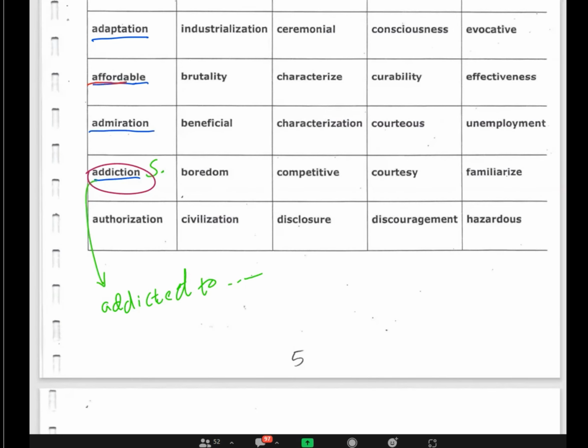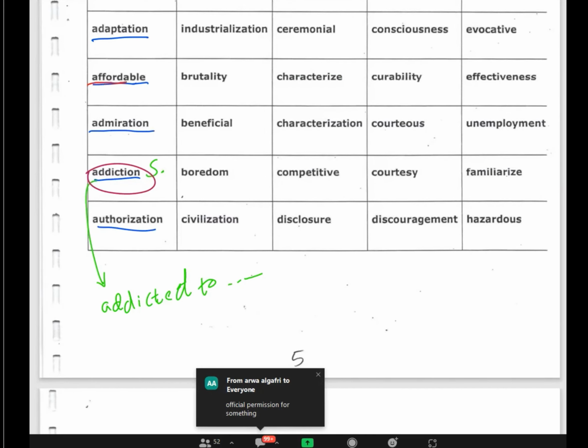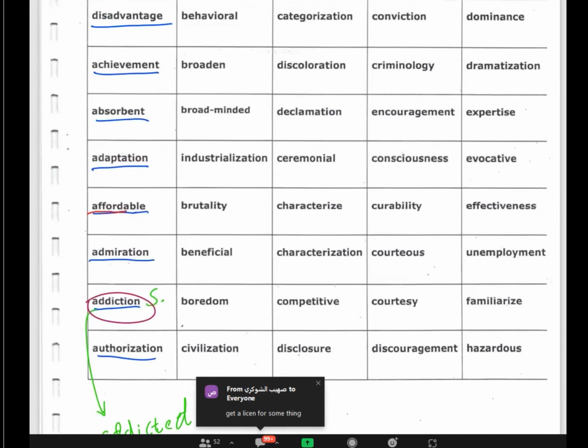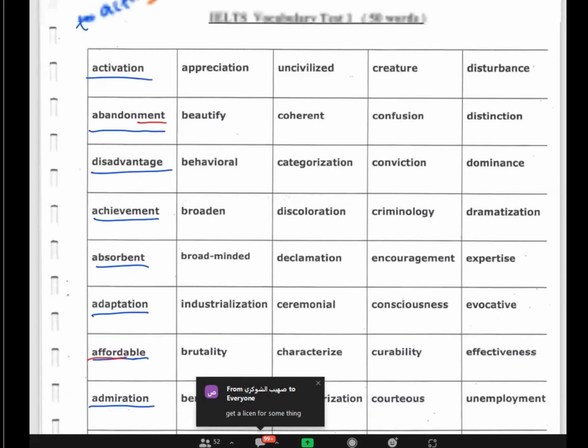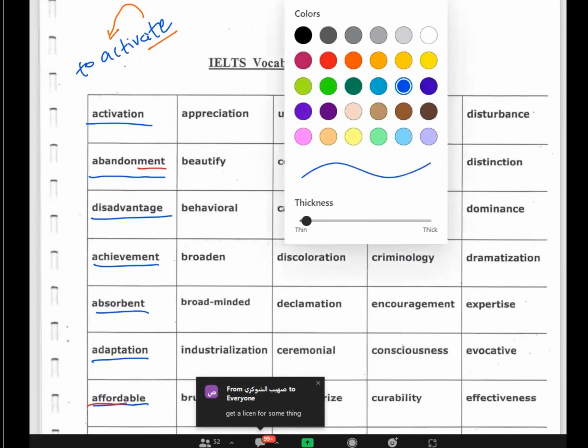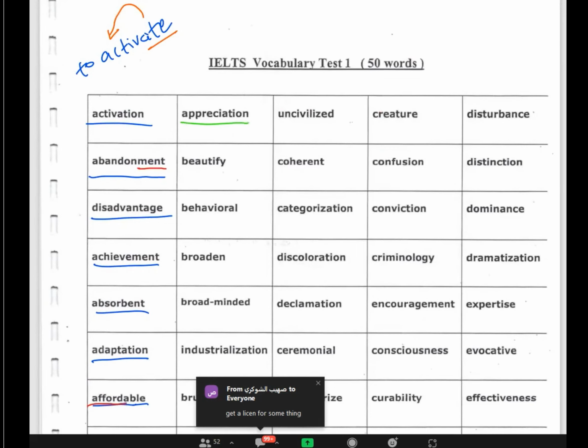Authorization. Permission to do something. Appreciation. Appreciation, to be at the state of being thankful. Pleasure, that you show. Gratefulness.